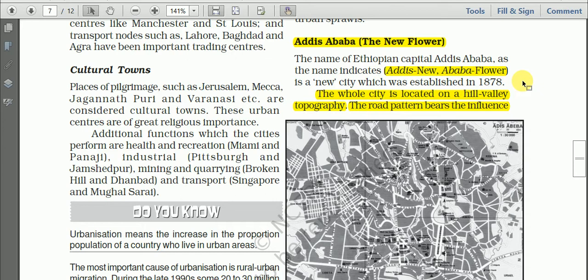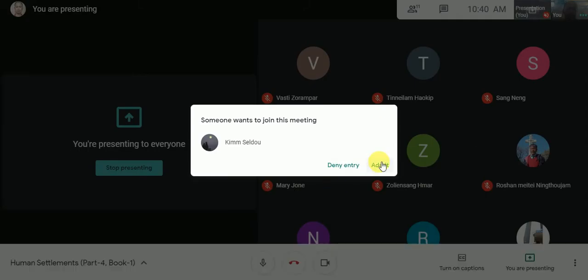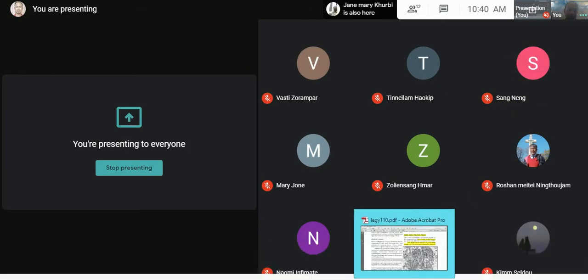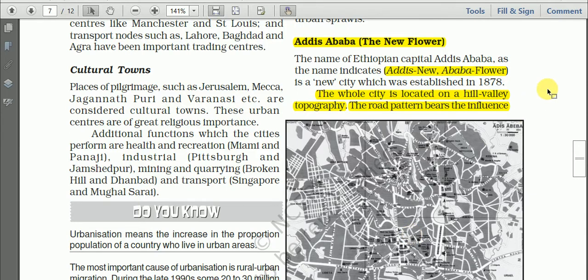How were the towns or cities formed, or how have they evolved? The study of that is known as urban morphology. So let me repeat, urban morphology is the study of the form of urban settlements.